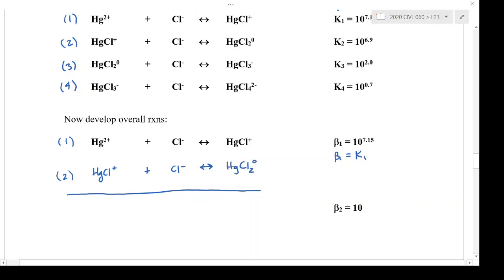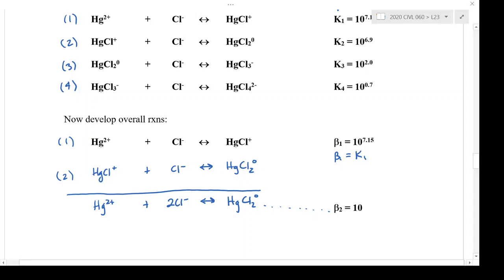I'm going to add these together, and when I do, the HgCl+ is on both sides of the reaction, so those will cancel out, and I end up with Hg2+ plus 2 chlorides forms HgCl2 not. This corresponds with our beta 2. The 2 represents the number of ligands reacting with the metal. So here 2 chlorides are reacting with the mercury ion.